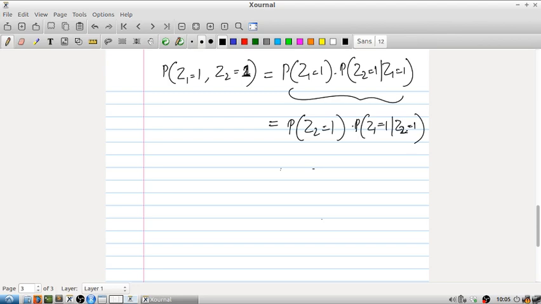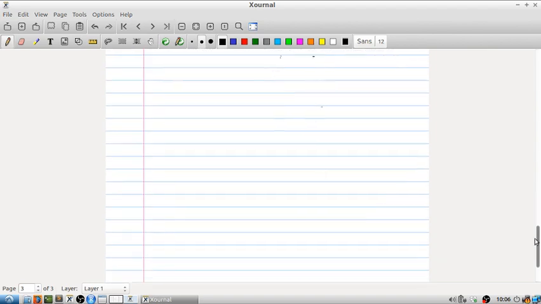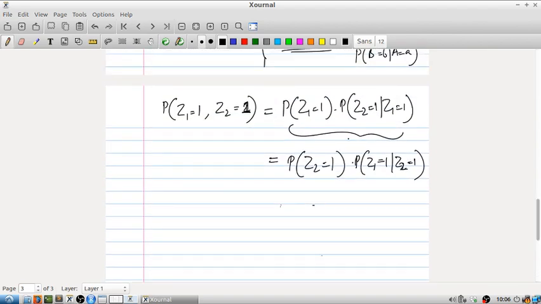I forgot the technical term here, but it's just a factorization. This is called a factorization of the joint distribution.